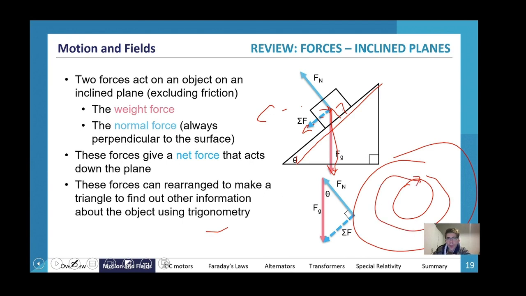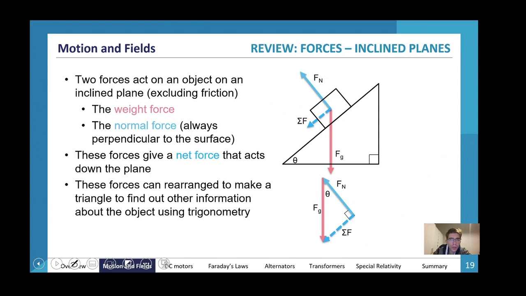And the whole point of a banked track is that the normal force in combination with the weight force will result in a centripetal force. But centripetal force is a force that acts on an object towards the center of the object's motion. So be very careful when Vika asks you to draw forces. Be very careful whether it is an inclined plane or a banked track it is talking about.